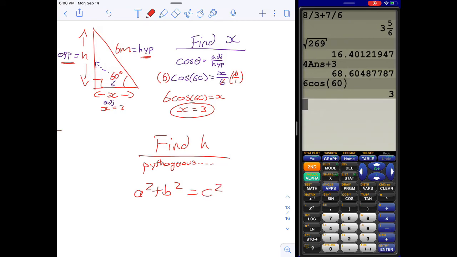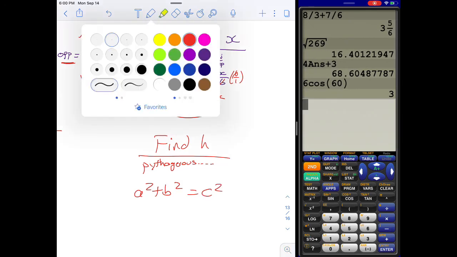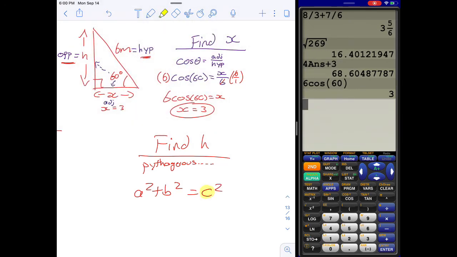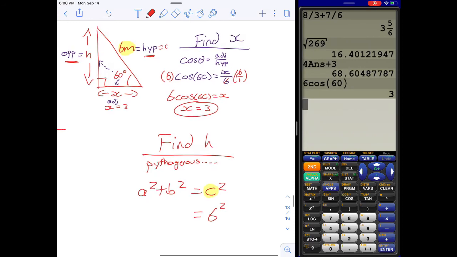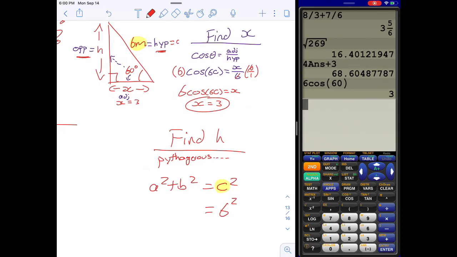Now remember, the important thing with this equation is that c has to be the hypotenuse. So this is c, which is going to be 6 squared. And remember, a and b are interchangeable, so 3 could either be a or b. Let's make b 3. And now we're going to solve for a, which in this case would be h, because that's what we're trying to find.